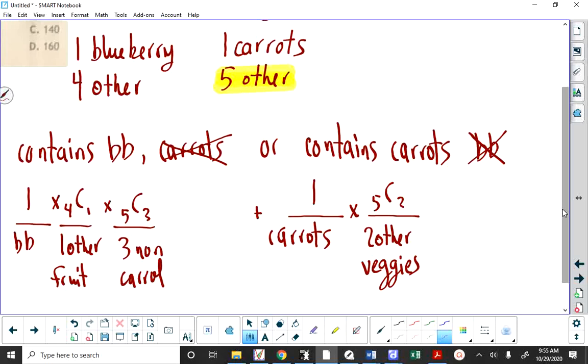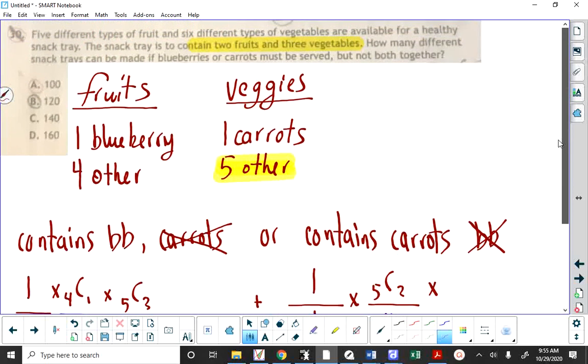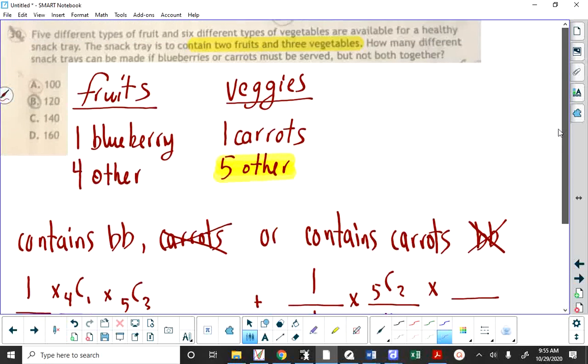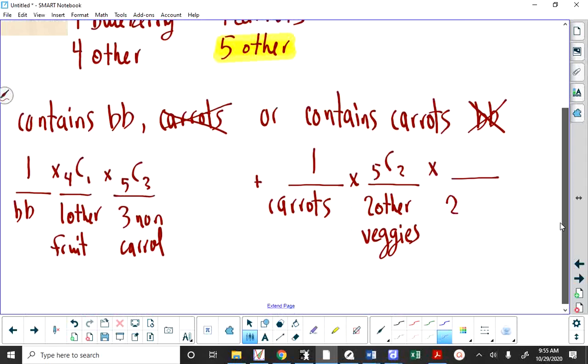But this tray also needs fruit. And when we look at the top, I've highlighted that you need 2 fruits, but since this tray that we're working on has carrots, the condition in the question was that it cannot have blueberries. So we need 2 non-blueberry fruits.